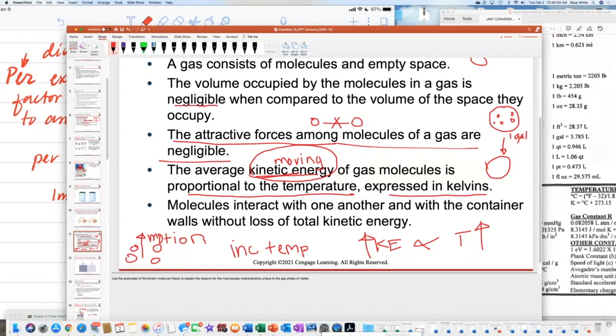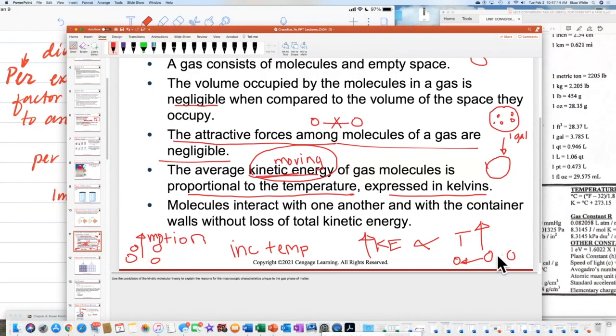And we're told here molecules will interact with one another and with a container without loss of energy. So if the gas molecules are moving and they happen to bump into each other, kind of like the game with the stick and the balls, not snooker, not billiards, pool. You know how the pool balls work?